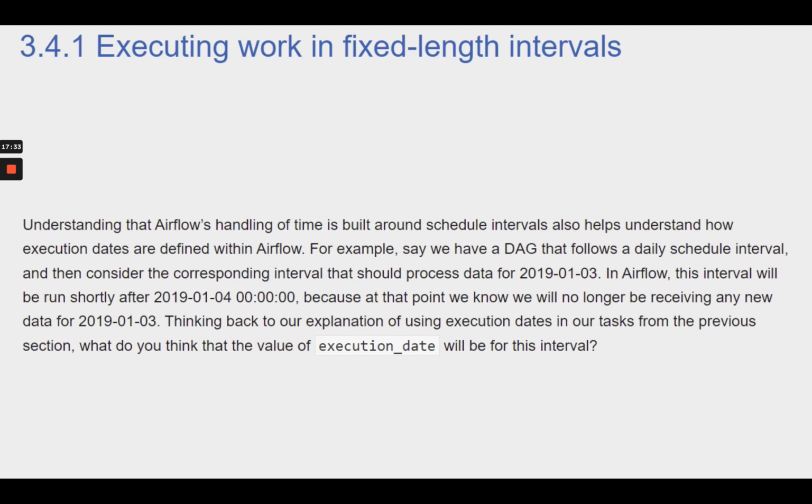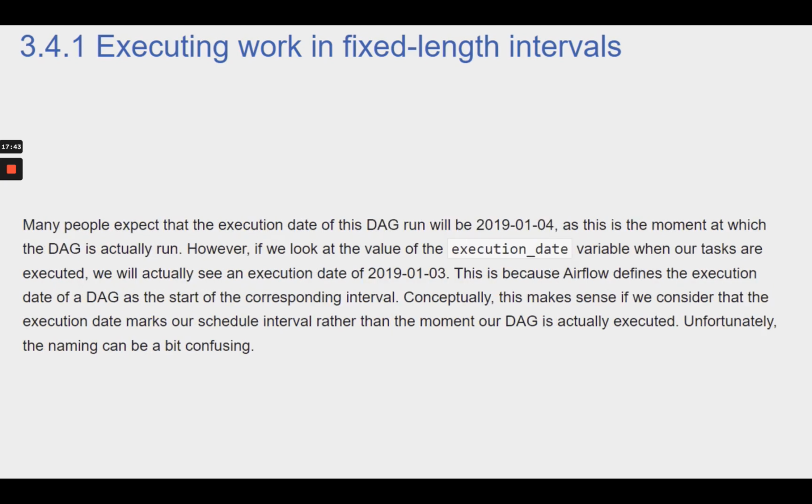Thinking back to our explanation of using execution dates in our tasks from the previous section, what do you think that the value of execution_date will be for this interval? Many people expect that the execution date of this DAG run will be 2019-01-04, as this is the moment at which the DAG is actually run.